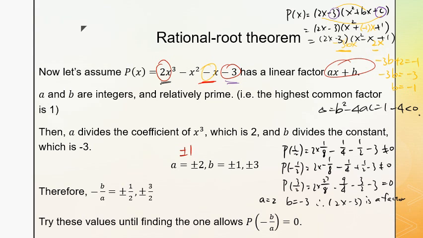So what that tells you is there's going to be no solution for this quadratic equation and you can't factorize it further. That's why we're going to stop here. Therefore, the answer to this question is p(x) can be written as 2x minus 3 times x squared minus x plus 1.